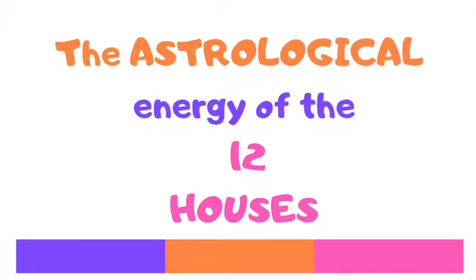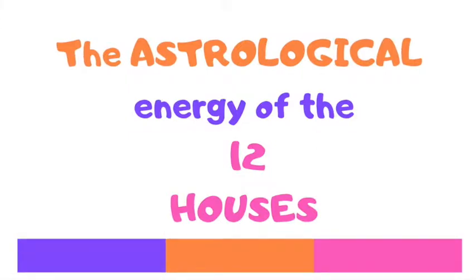Let's say that you are a sun sign of Taurus, but your sun falls in the third house, which is Gemini's house and is an air sign.